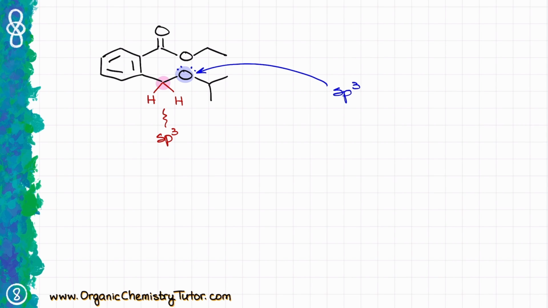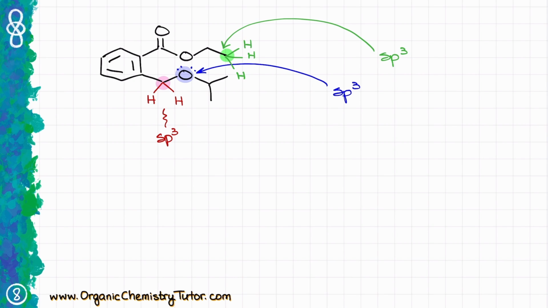Next, let's say I'm going to look at this carbon over here. Well, it looks like that carbon is only attached to 1 thing, but I remember that on top of that we have 3 more hydrogens there that are implicit hydrogens, which means that this carbon is as well an sp3 hybridized species.